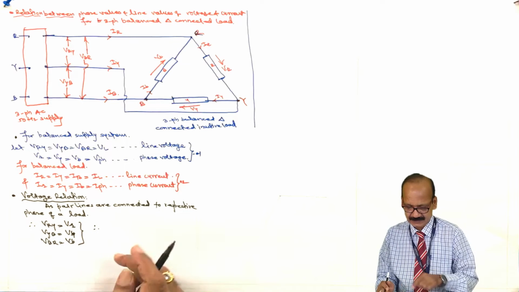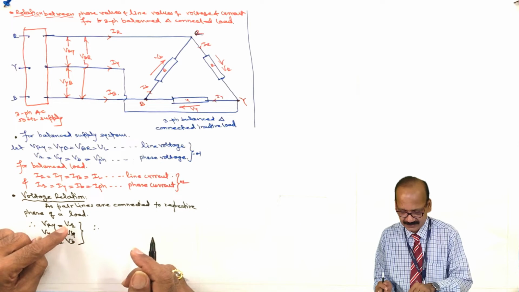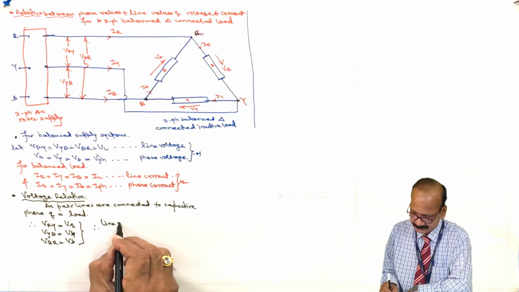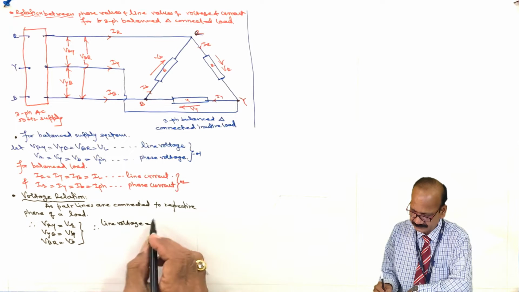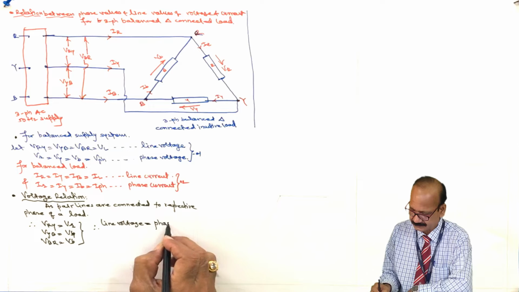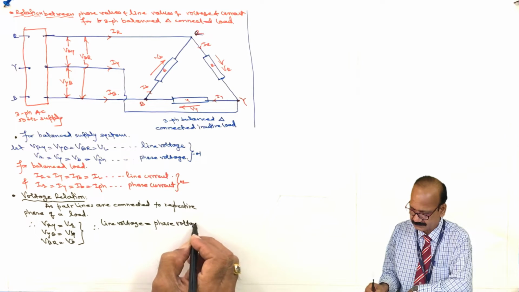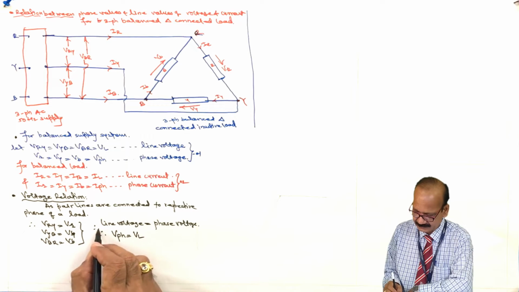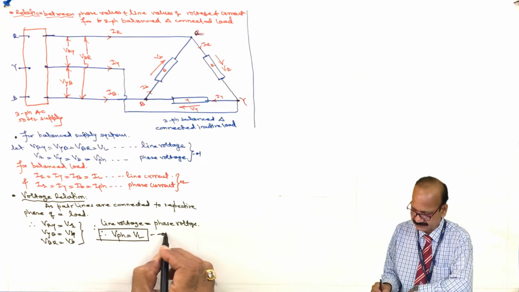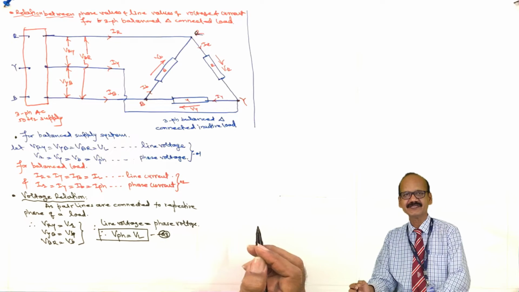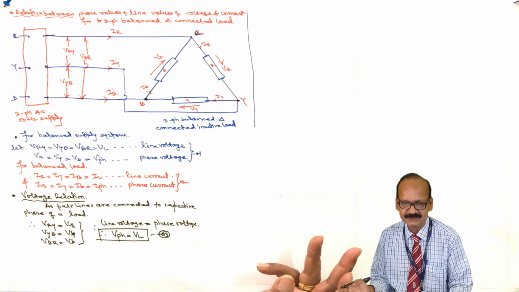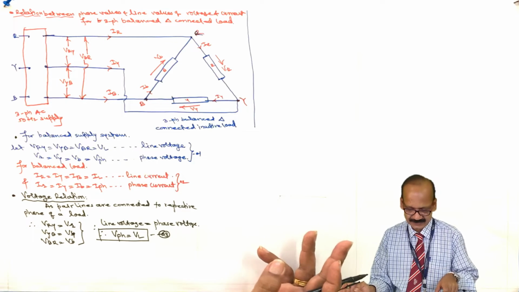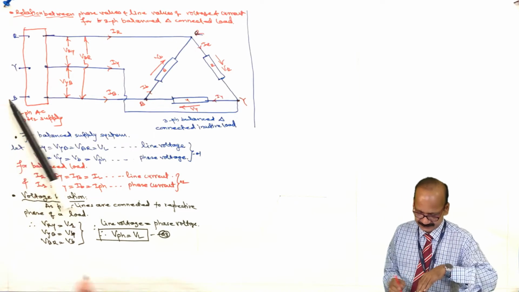From this, V RY is nothing but the line voltage and V small r is nothing but the phase voltage. So we can write line voltage equal to phase voltage. Therefore V ph equal V L. This is relation number 3. So in this way we have obtained the voltage relation. In case of a balanced delta connected load, the line voltage equals the phase voltage. Now see the current relation.